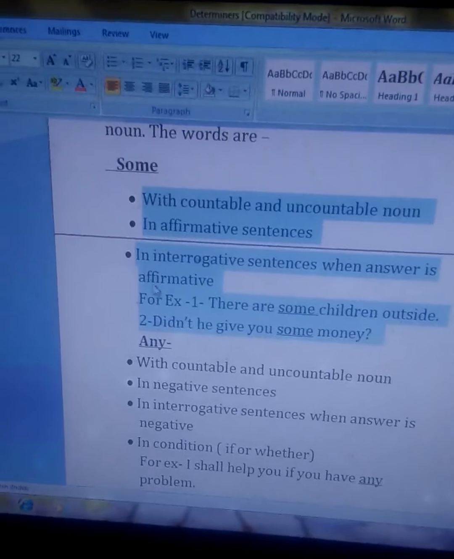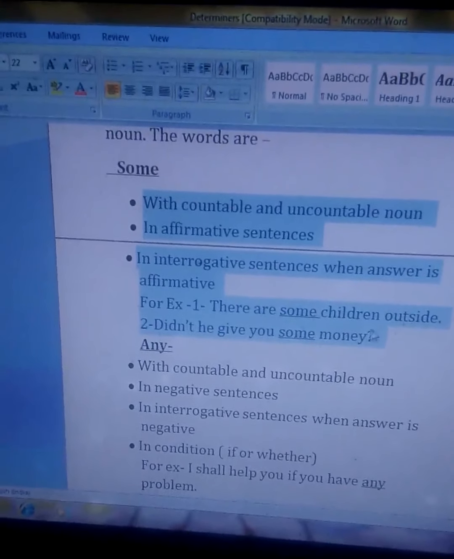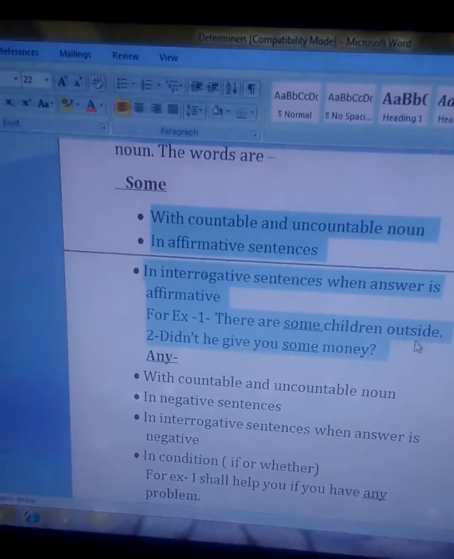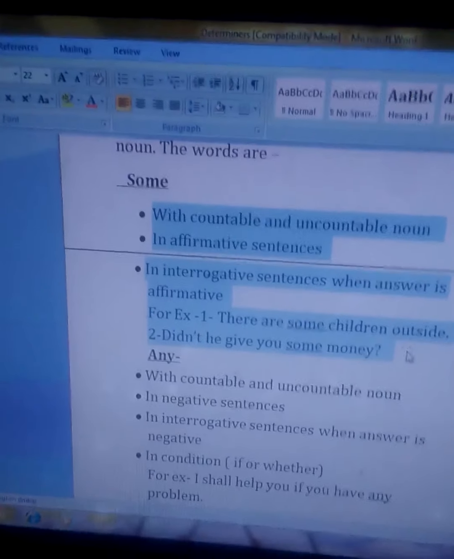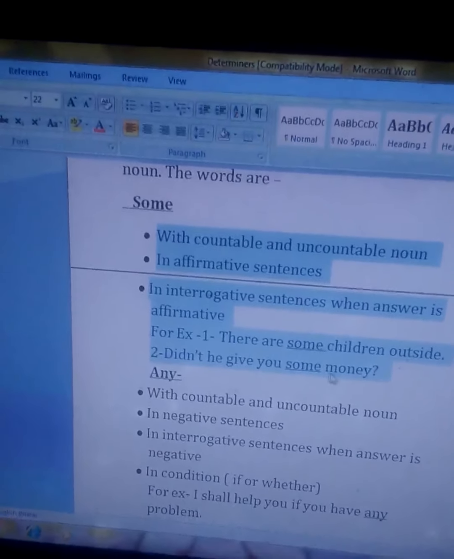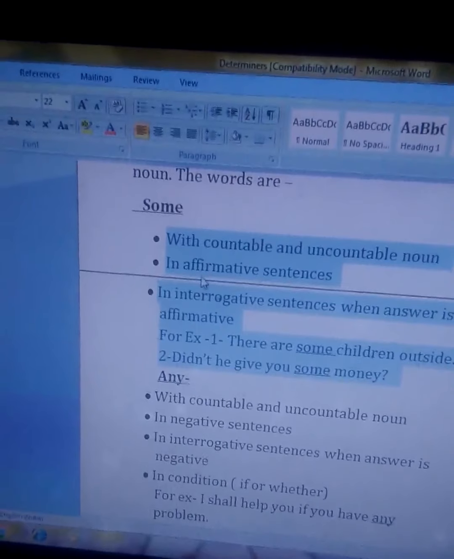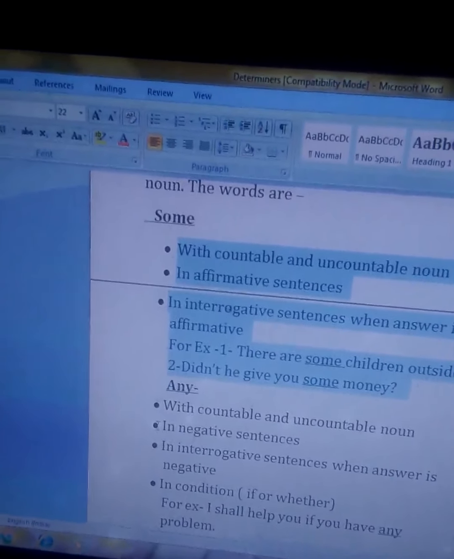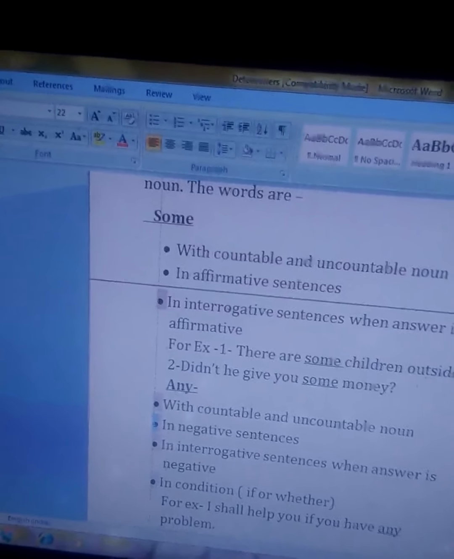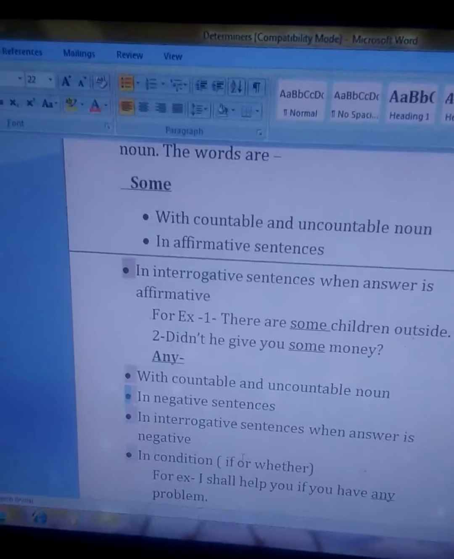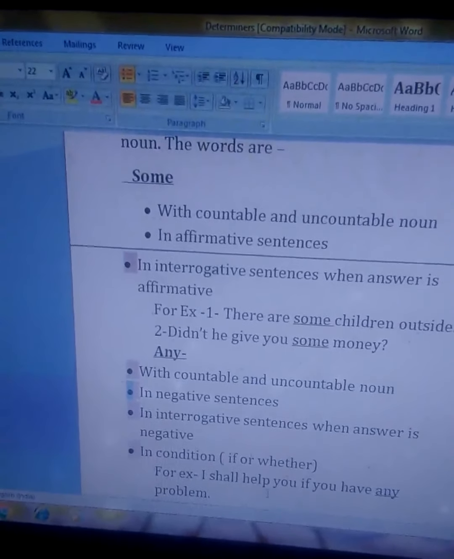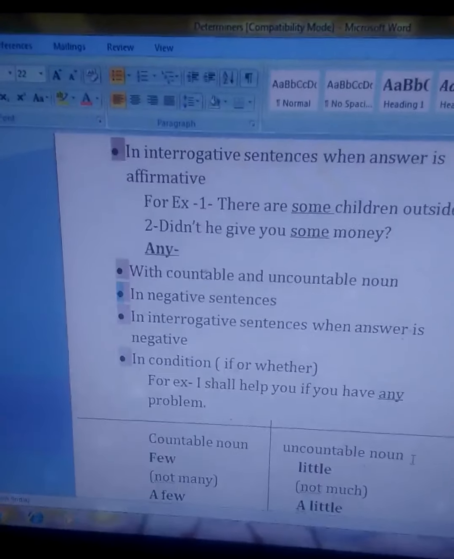For example, there are some children outside. This is an affirmative sentence, so we have used some. And any is used in negative sentences. For example, there are not any children outside.